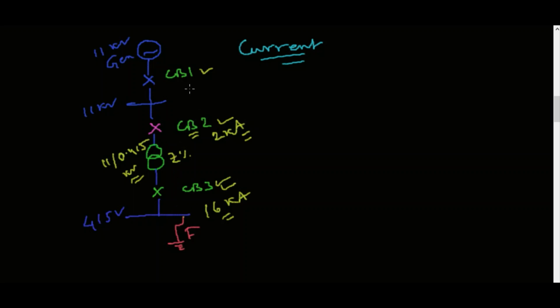And this circuit breaker CB1 will be coordinated with CB2. So this coordination is based on the magnitude of current, not based on time.